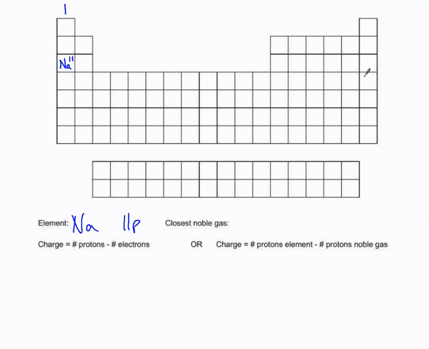Well, they are all the way across the table, but in terms of atomic number, we have 2 options. We have neon, which is 10 protons, or we have argon, which is 18 protons. In terms of atomic number, which one is closer? Well, 11 is closer to 10 than it is to 18. So we are going to use neon, with an atomic number of 10 protons.